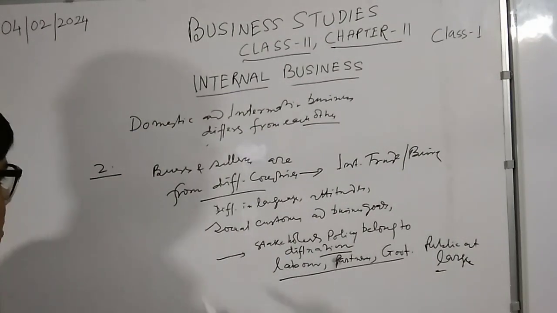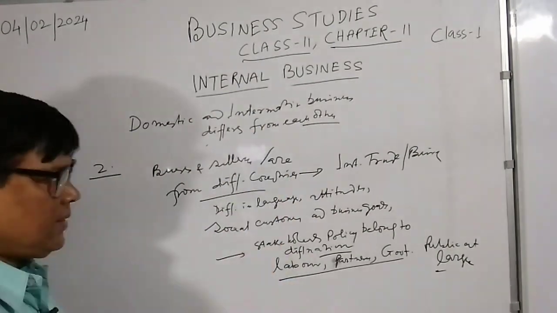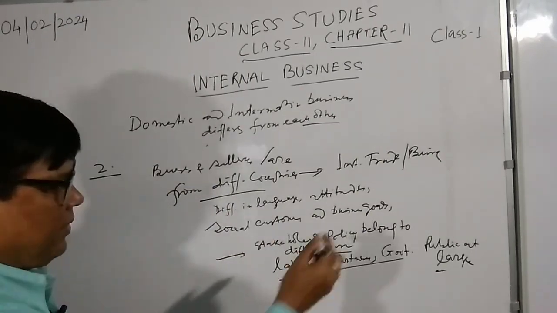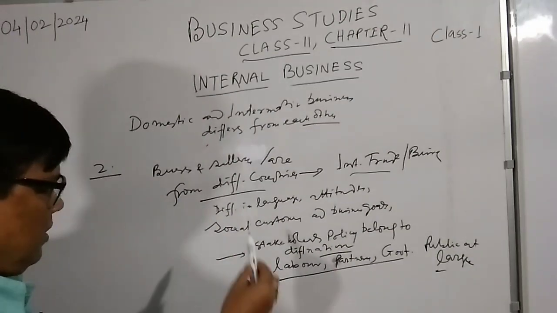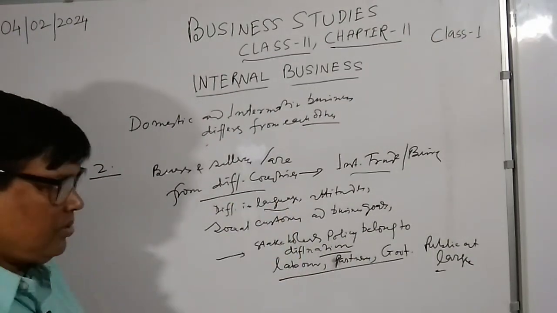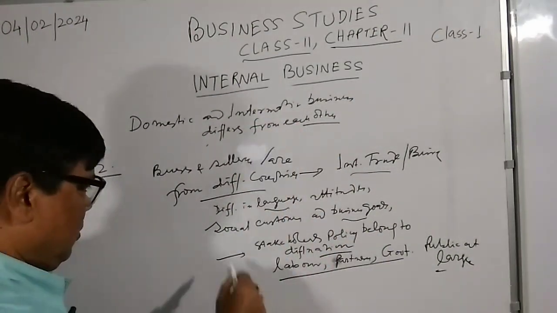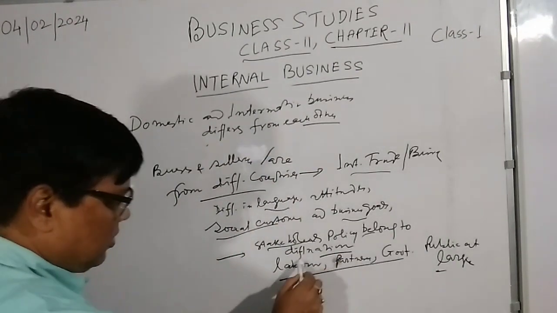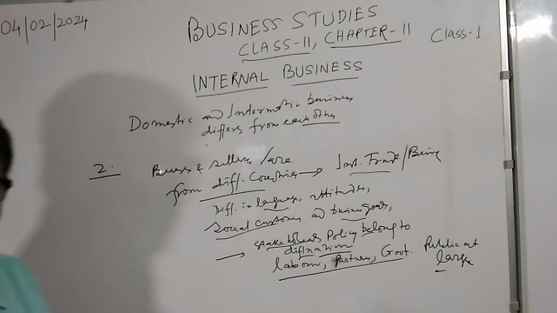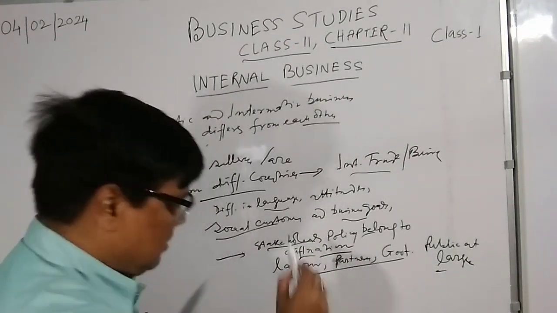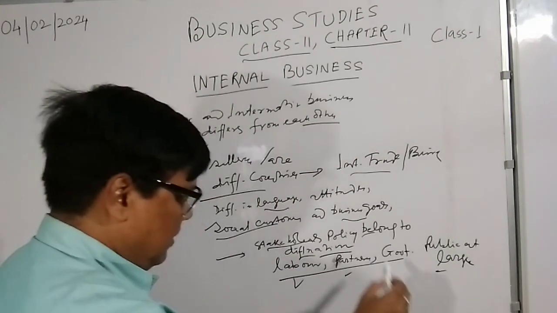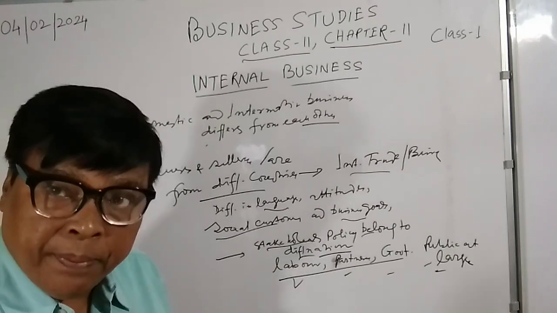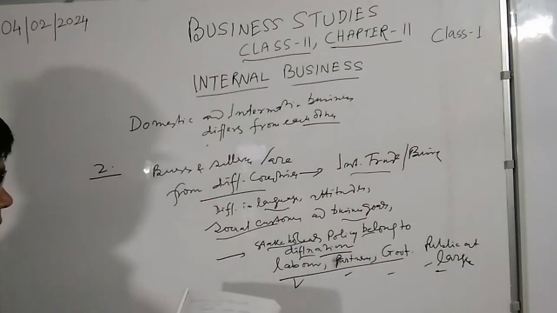In such a situation, what will happen? Buyers and sellers are from different countries in your international business. They have different languages, different goals, different social customs. Stakeholder policy belongs to different nations: labor, partners, government, public at large. So these will be different in international trade.